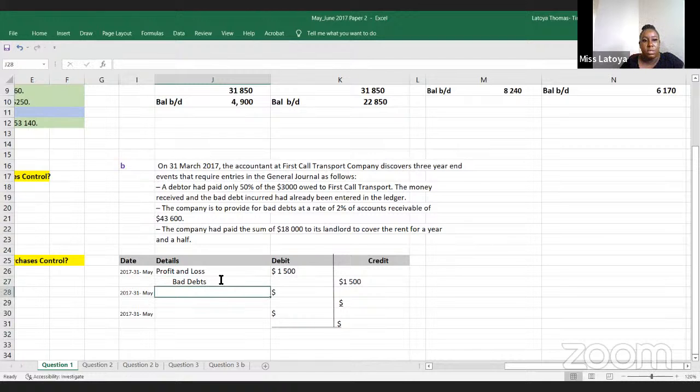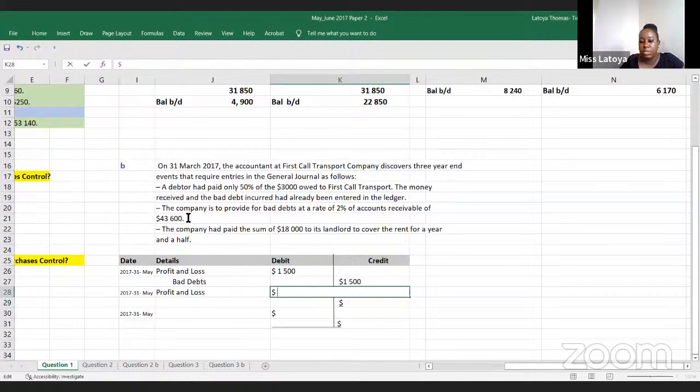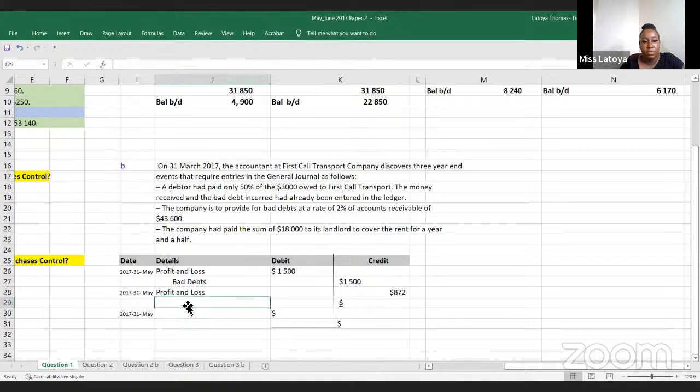Okay. Now, provision for bad debts and profit and loss. Again, we are not writing any narratives because the question said there is no need to write it. So 2% of 43,600 is giving me 872. And it's going to be provision for bad debts. Here it's going to be, okay, so I need to bring this around.